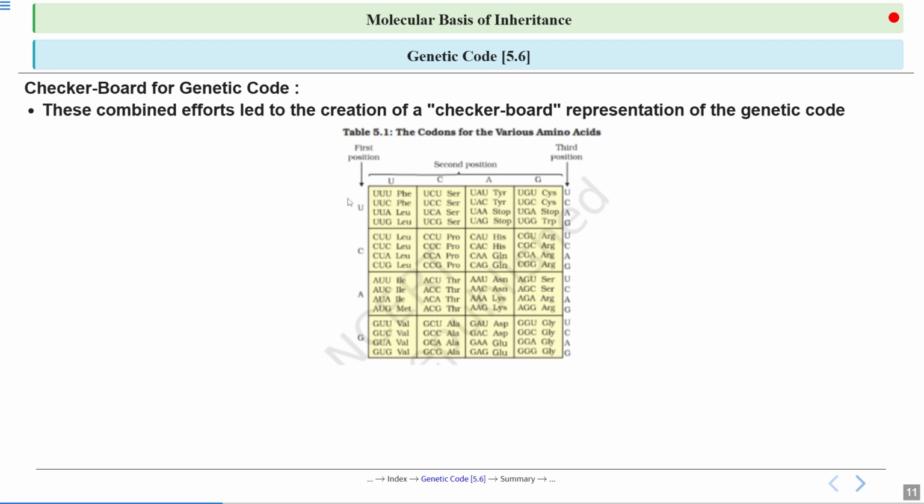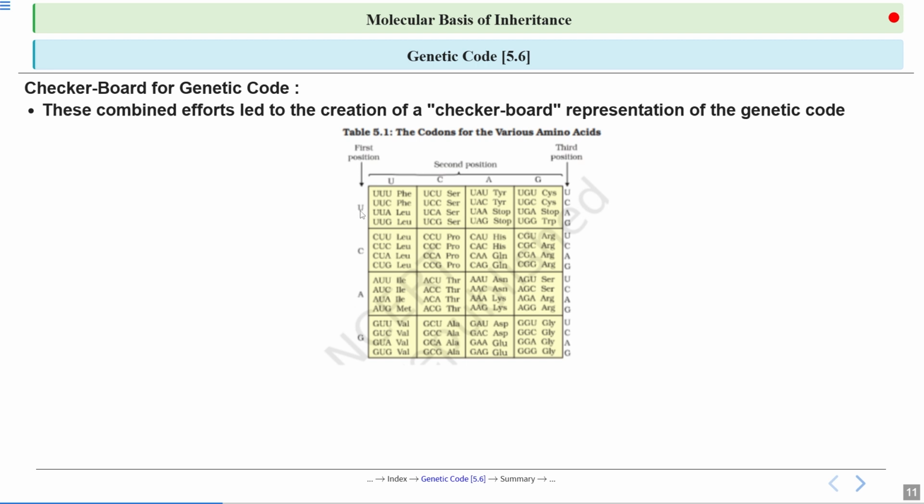So the 4 nucleotide bases, that is U, C, A, G, that is uracil, cytosine, adenine and guanine. Here again U, C, A, G. This is the first position, this is the second position, and the third position here it is like UCAG, UCAG, UCAG. So how have they written this checkerboard?